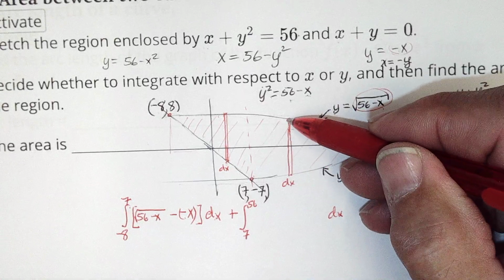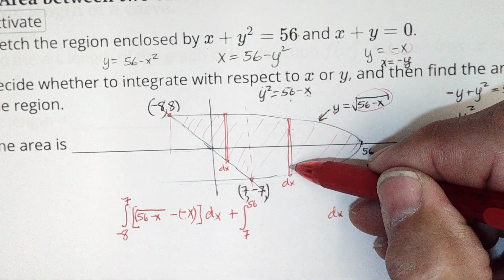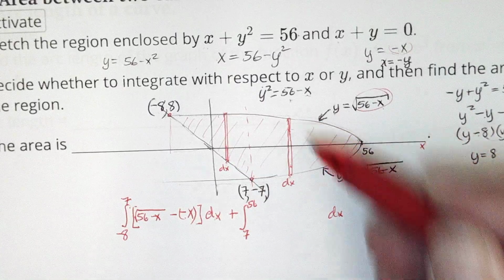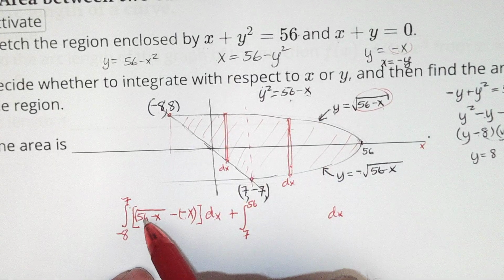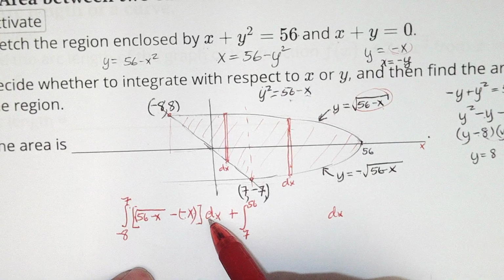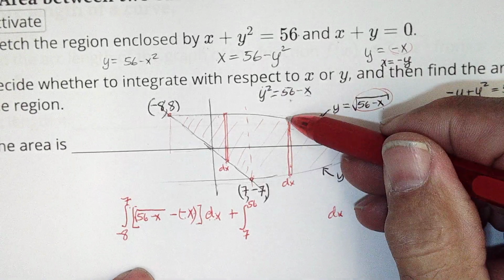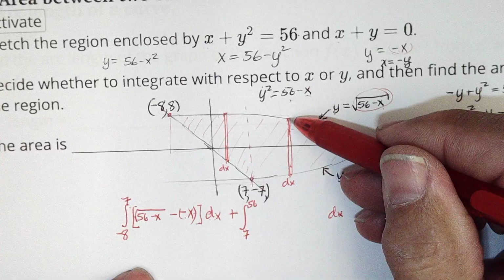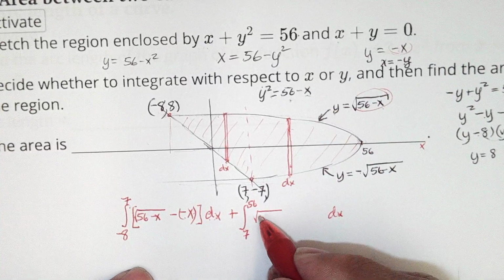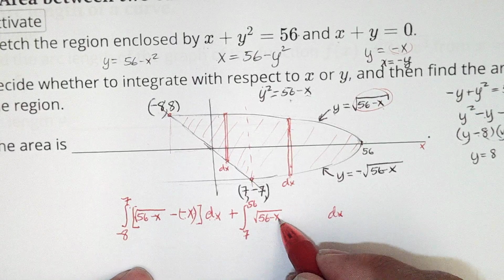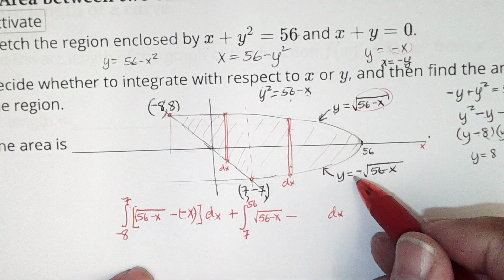And this height of this box, because I got to take the width times the height, just like I did here. This was the height, and this was the width. So the height of this is the top minus the bottom.